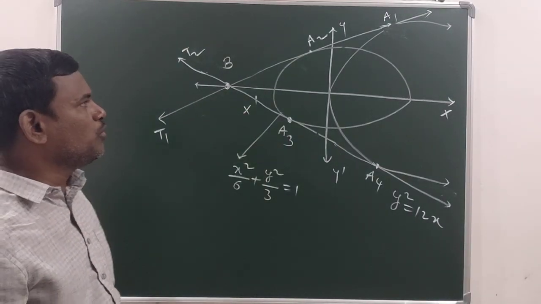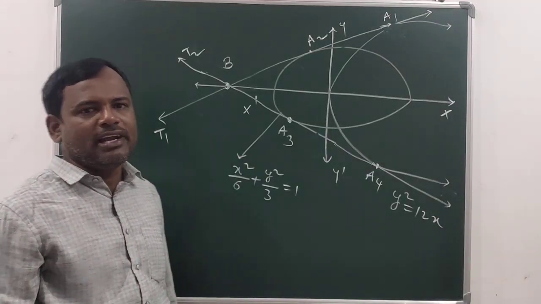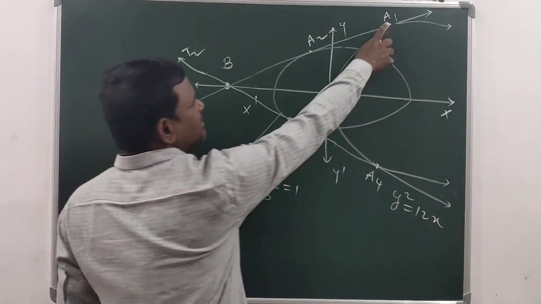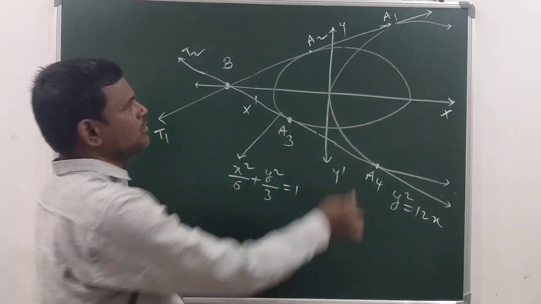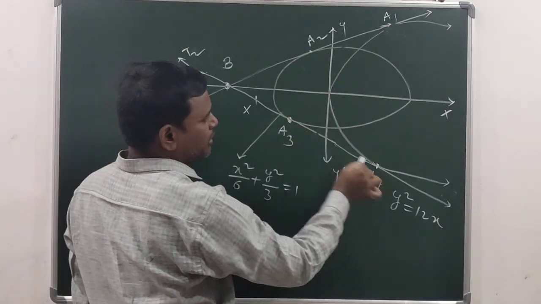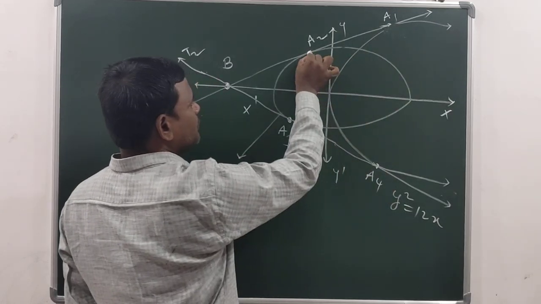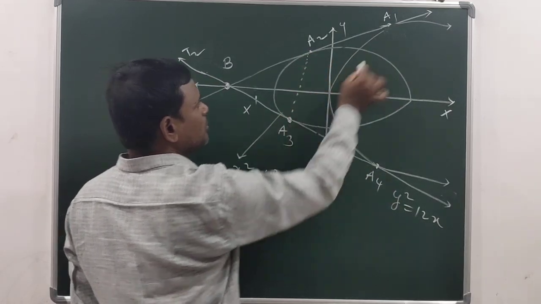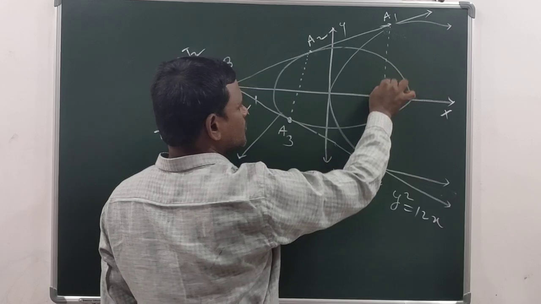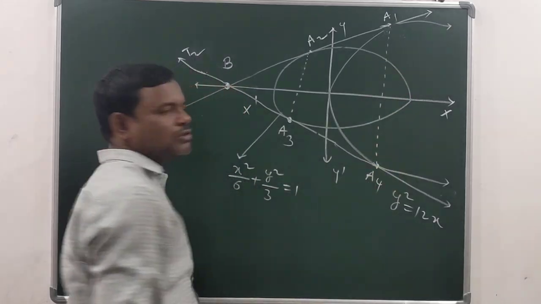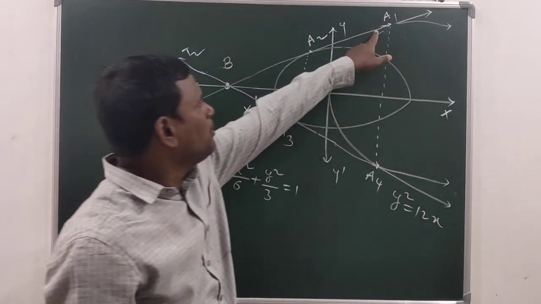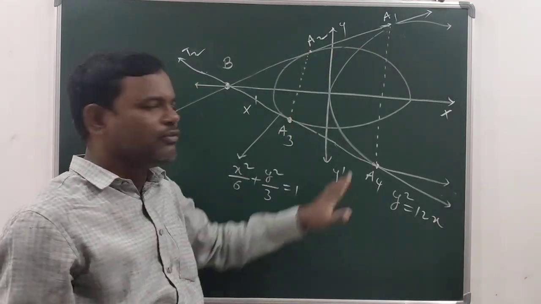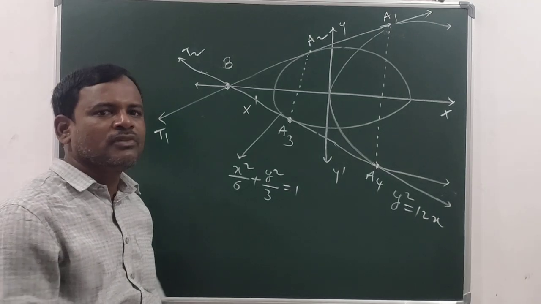And also you have to find the area of the quadrilateral formed by A1, A2, A3, A4. If you want to connect these points, you can. So find the area of the quadrilateral formed by A1, A2, A3, A4. This is the second question.